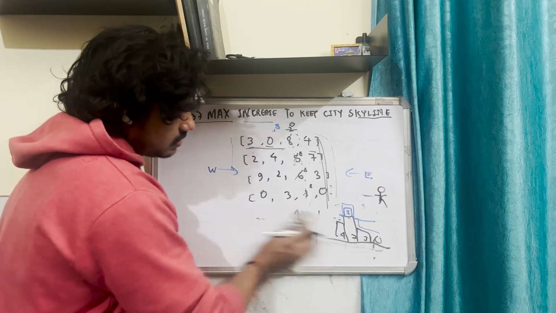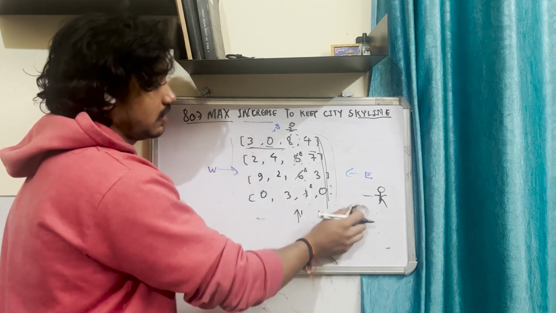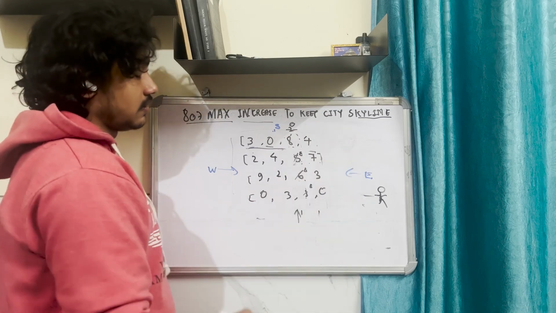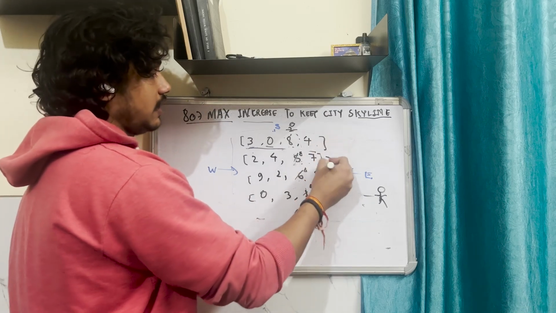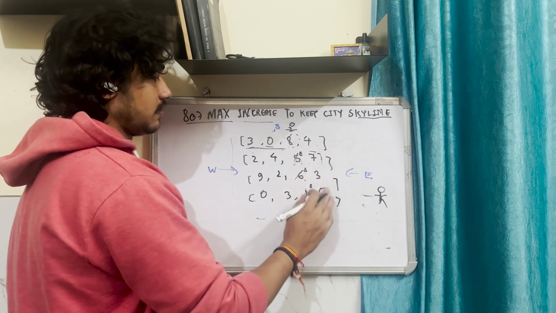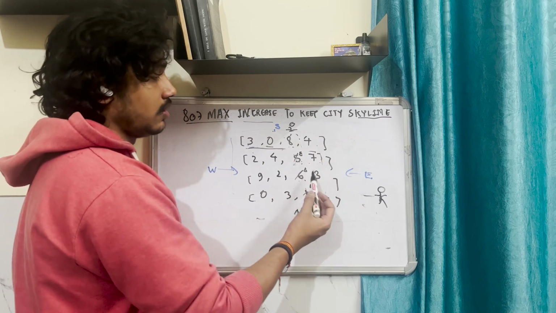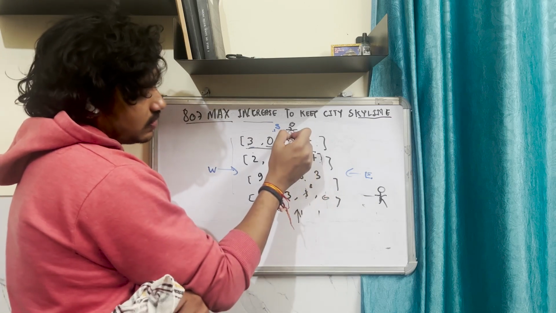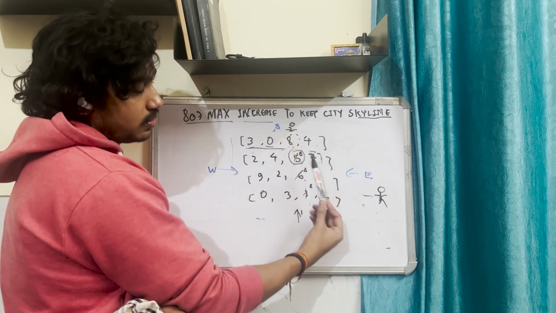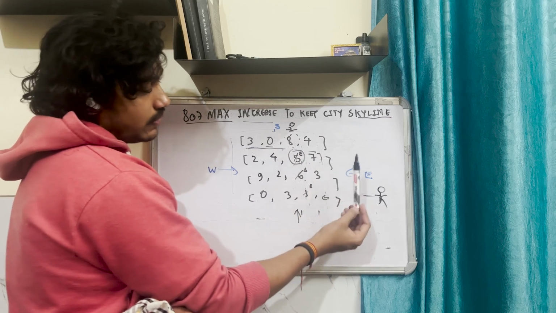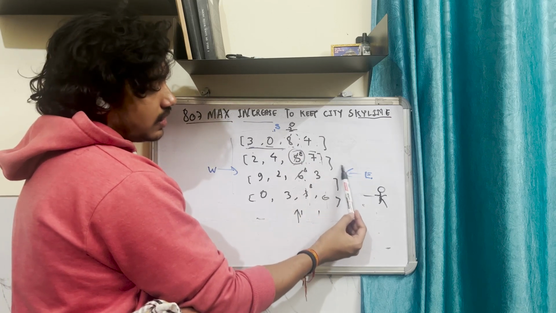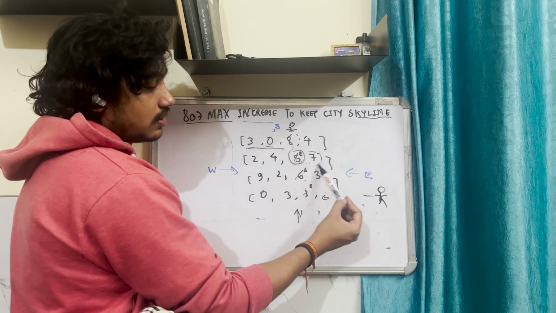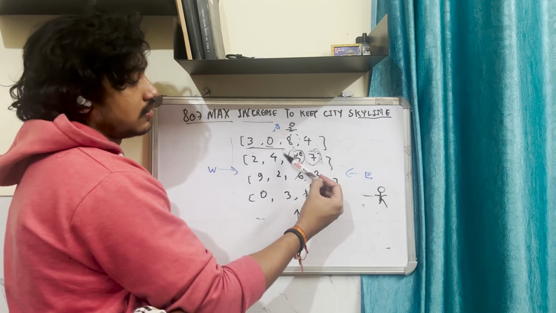Let me rub all of this so you can see it more clearly. For this, if the user is standing here, you can have at most a height of 8. If the user is standing here, you figured out the height can be at most 7, because all the buildings should be less than 7.